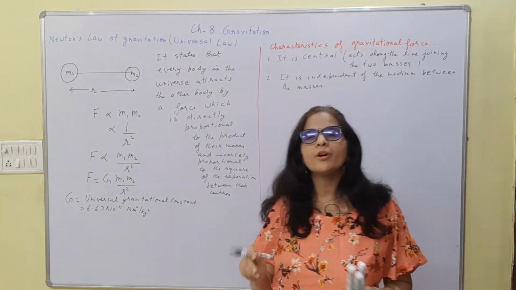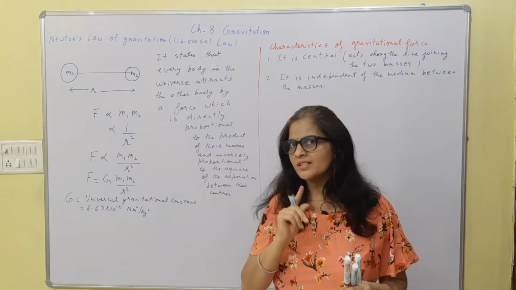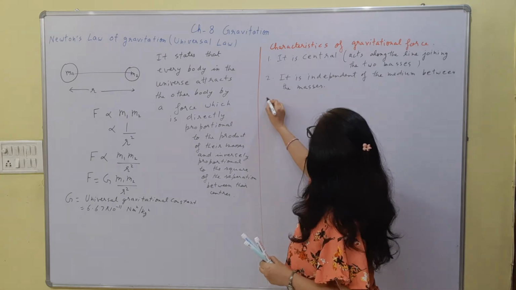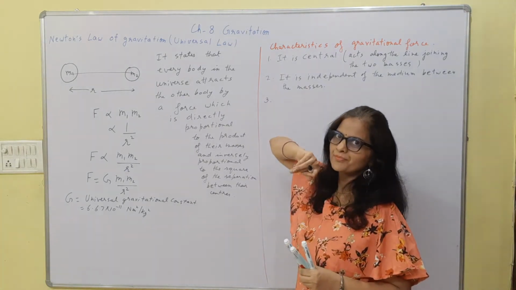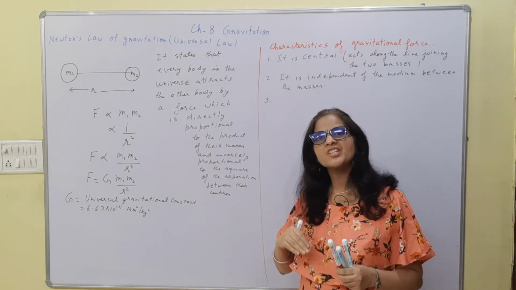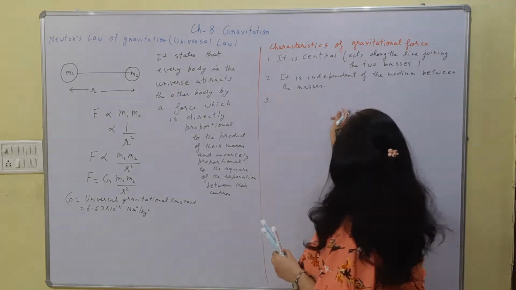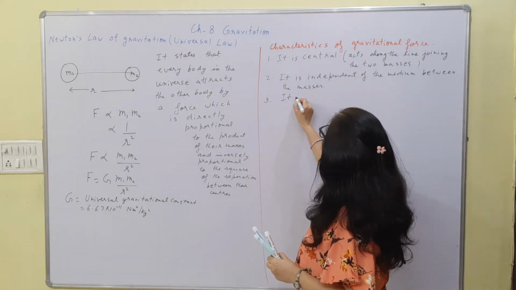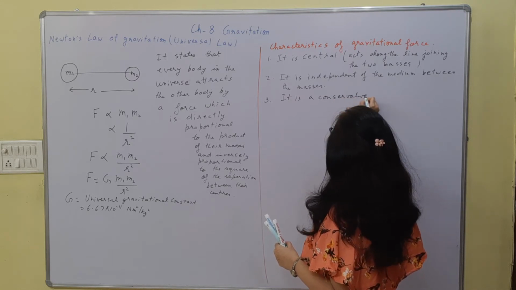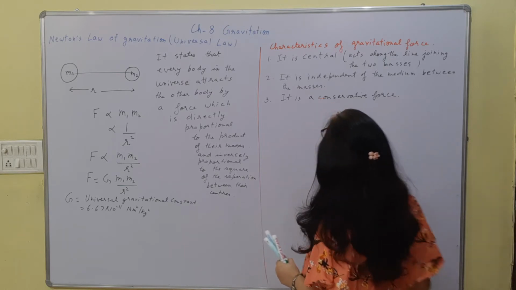Next is very important point. It is a conservative force. You have studied about the conservative force in chapter 6. What are conservative forces? Conservative forces are the forces where the work done depends only on the initial and the final positions and not on the path followed. Right?